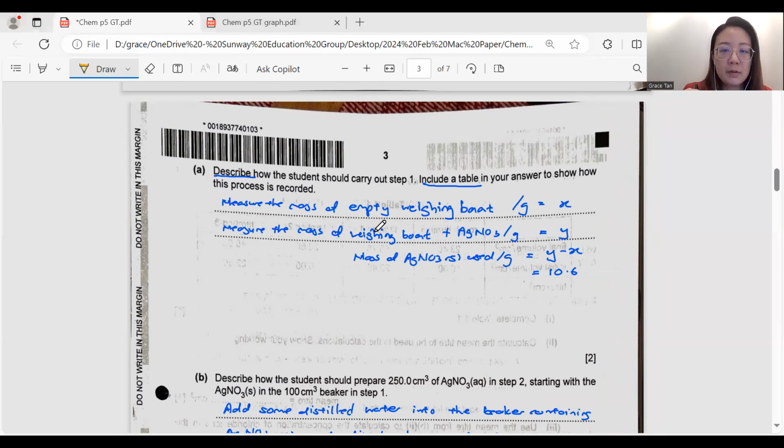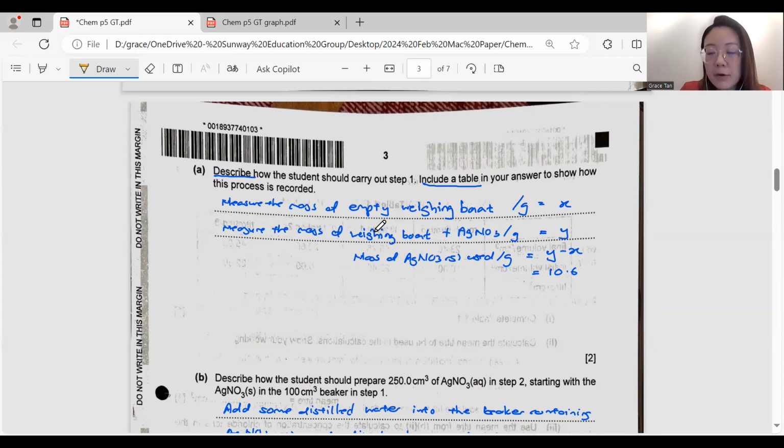So for my table, I just use the dotted line there as the grid, conveniently for me. Number one, I said measure the mass of an empty weighing boat, and I put the unit there, gram. And let's assume that is X. I don't know what the number is. Then you measure the mass of the weighing boat, this time with the silver nitrate solid in, also unit gram.